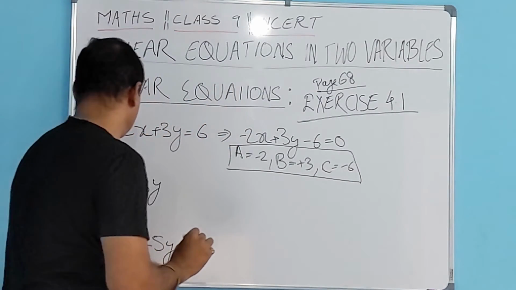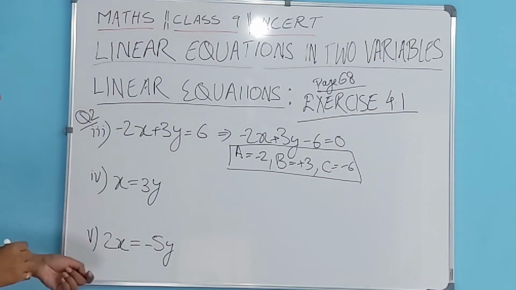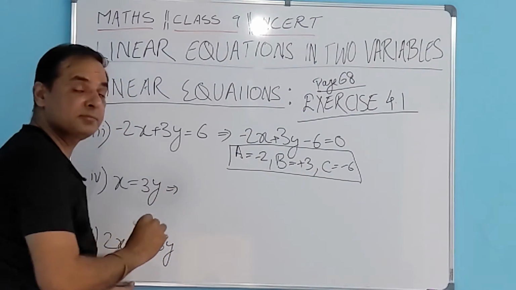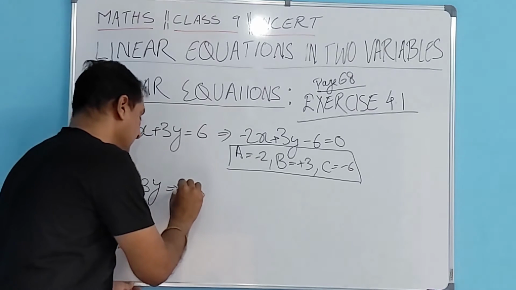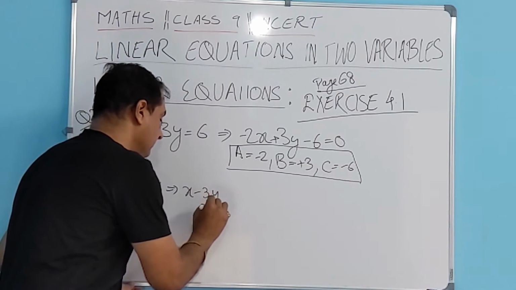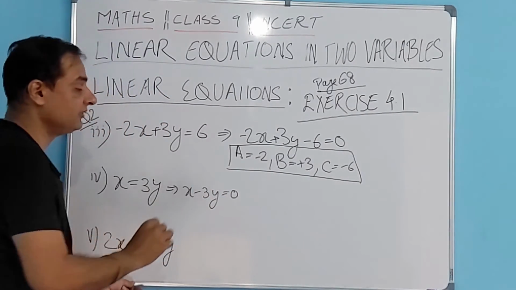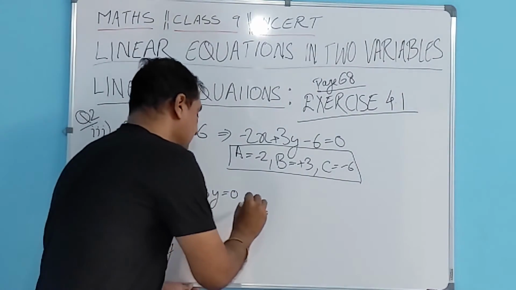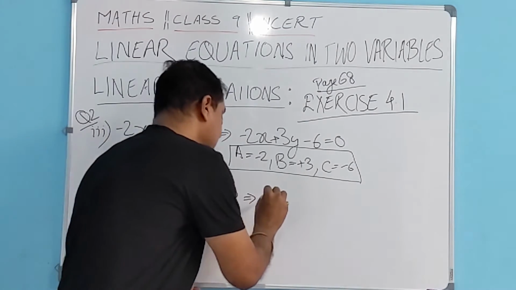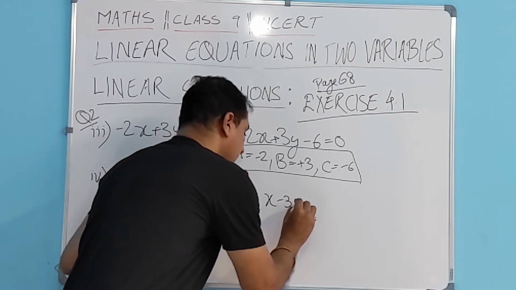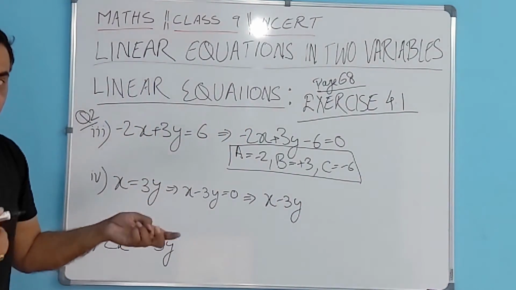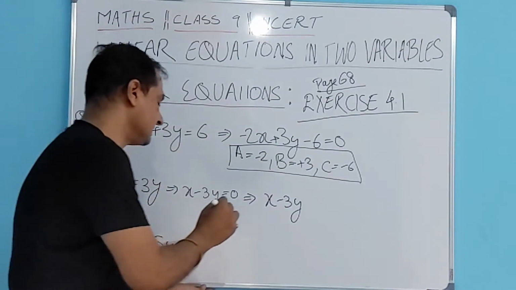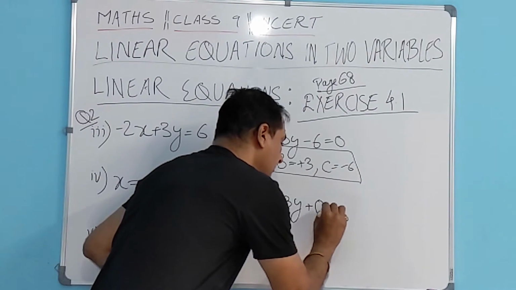We look at the fourth question, x equals to 3y. If we want to put that in our ax plus by plus c form, we say x minus 3y equals to 0. Still we do not have the constant yet. So just for simplicity's sake, we can write that as x minus 3y, and since we know that adding 0 won't make any difference on left side and right hand side, so we just say plus 0 equals to 0.